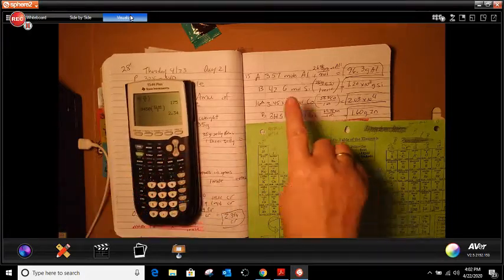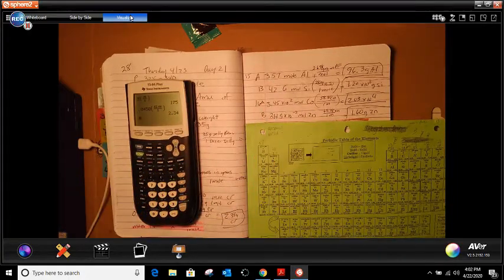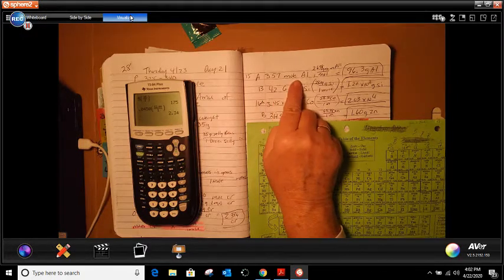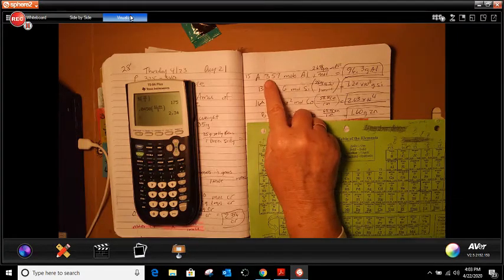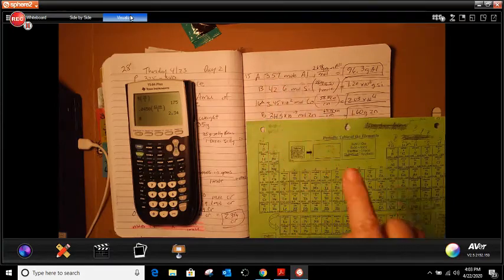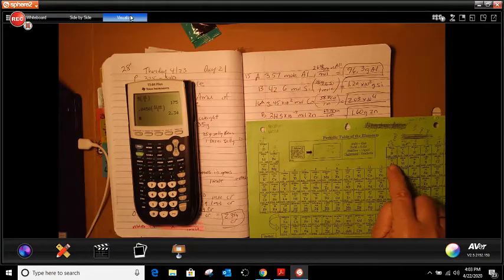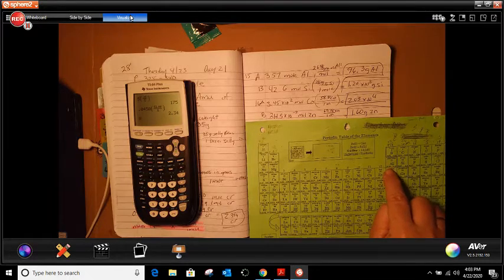In our textbook, they tell us we have 3.57 moles of aluminum, and they want to know how many grams that would be. So I look at aluminum: 26.98 is the AMU.